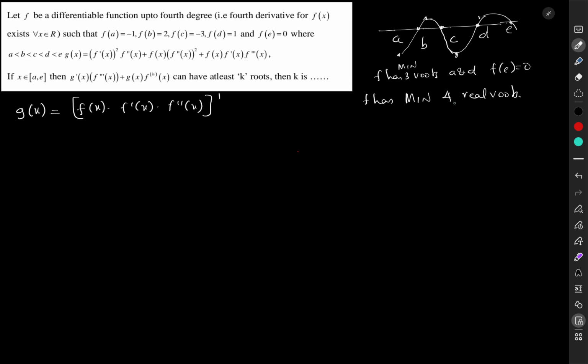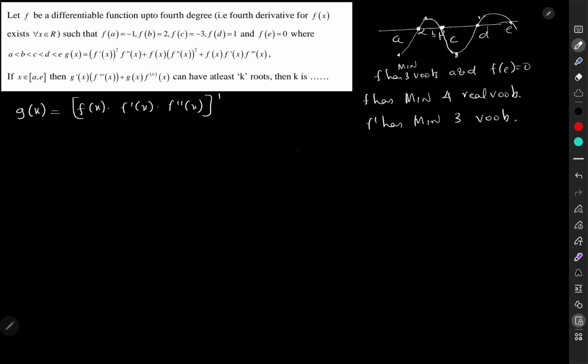Now next one is g of x. So f of x has 4 real roots, then f dash will have minimum 3 roots. Okay, f dash will have minimum 3 roots because of Rolle's theorem. You can see here between 2 roots, let it be alpha and beta, like that, between 2 roots there will be at least 1 root for f dash x.